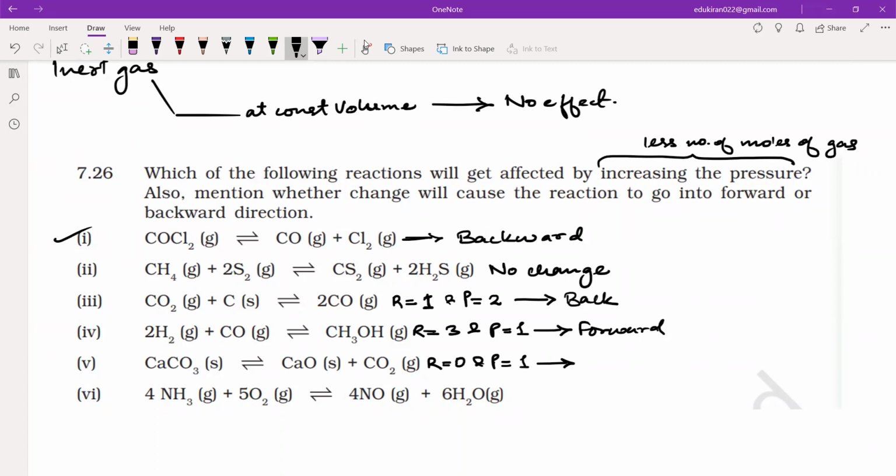Less number of moles, so backward. Now in the next one, how many moles of gases in the reactant? 9. And product? 10. So forward or backward? Backward. Okay, fine.